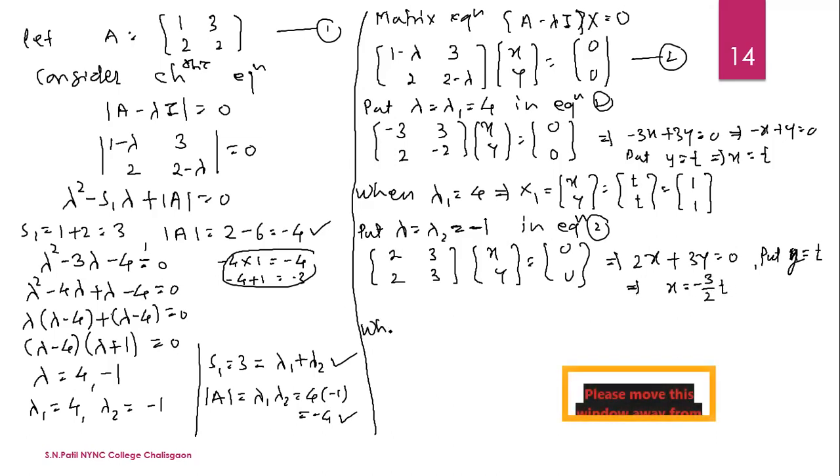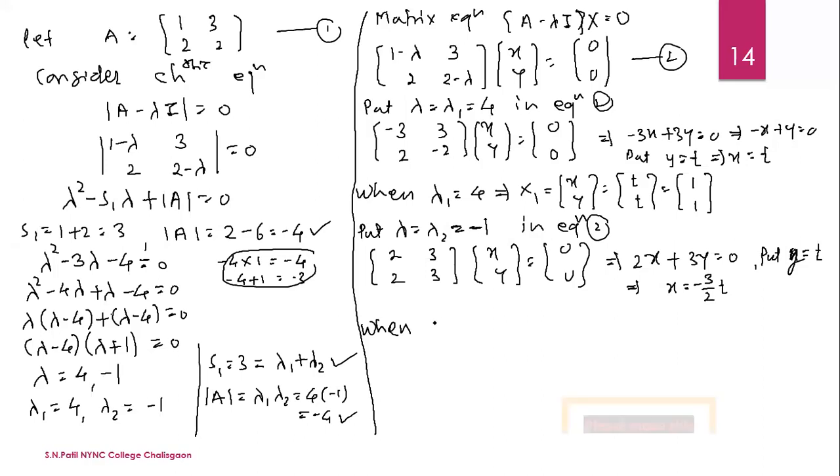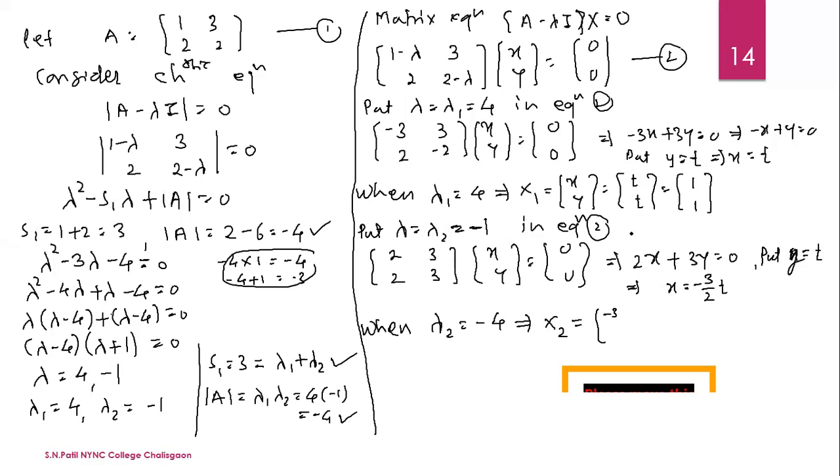When lambda is equal to minus 1, its corresponding eigenvector x2 is equal to minus 3 by 2 t, and y is equal to t.